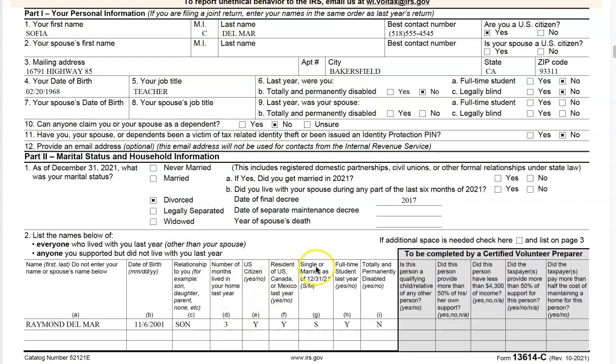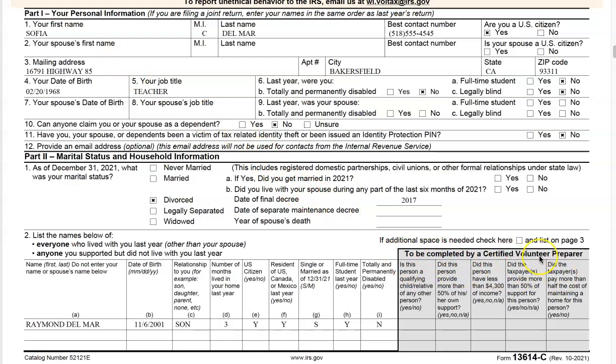But when we look over here, full-time student, yes, since he's 20 years old, probably a college student. So college is a temporary absence. So we can put down in the text layer that Raymond lived with his mother for all 12 months.